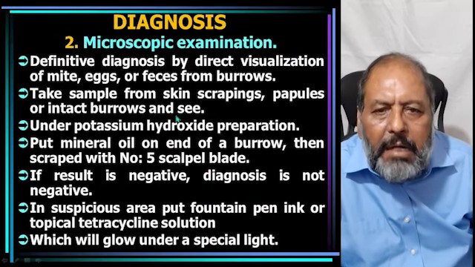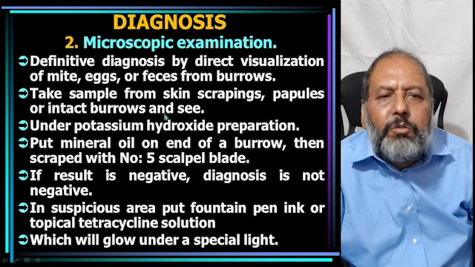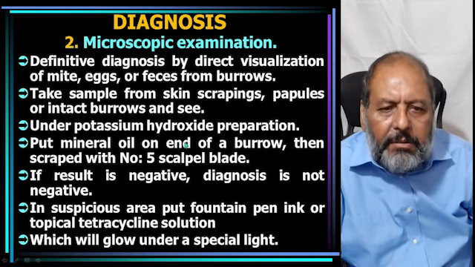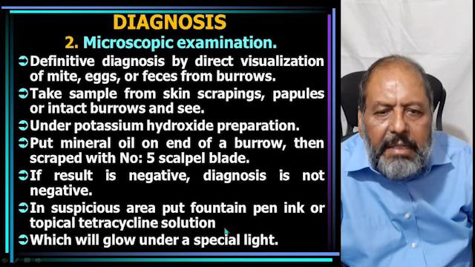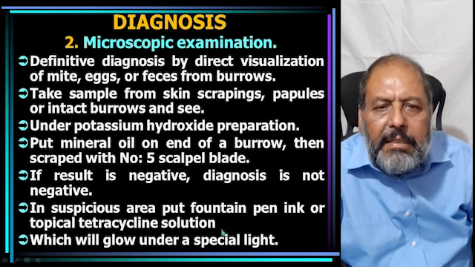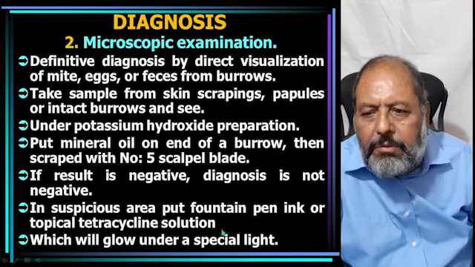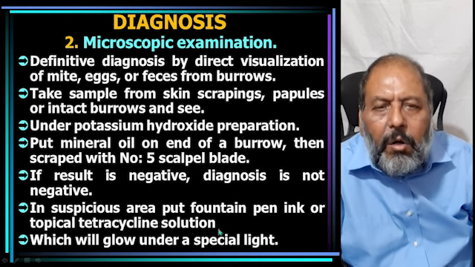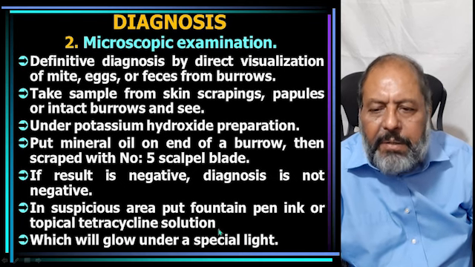Now, diagnosis number 2 is microscopic examination. Definitive diagnosis is by the direct visualization of the mite, eggs, or the feces of the mite from the burrows. Take the sample from the skin scraping, papules, or intact burrows and look for the mite or the eggs under potassium hydroxide preparation.